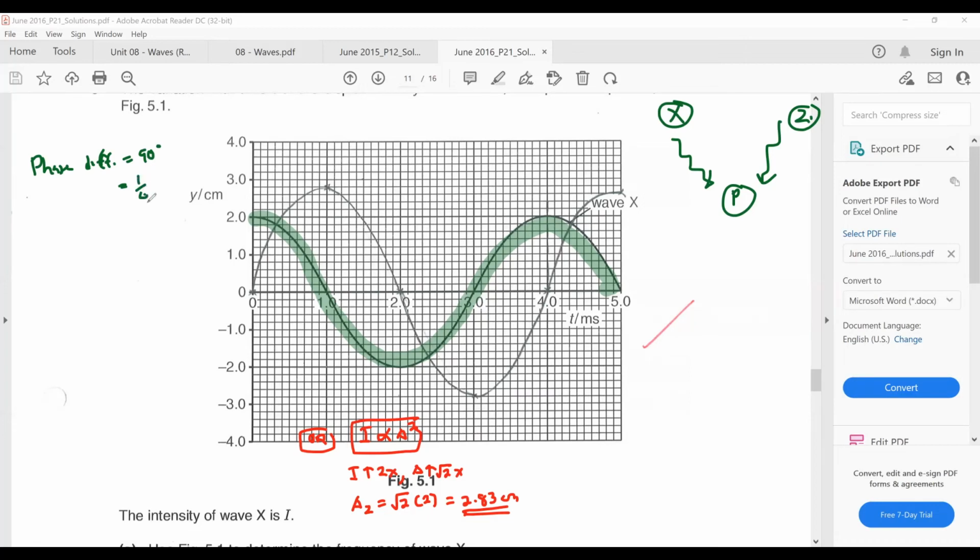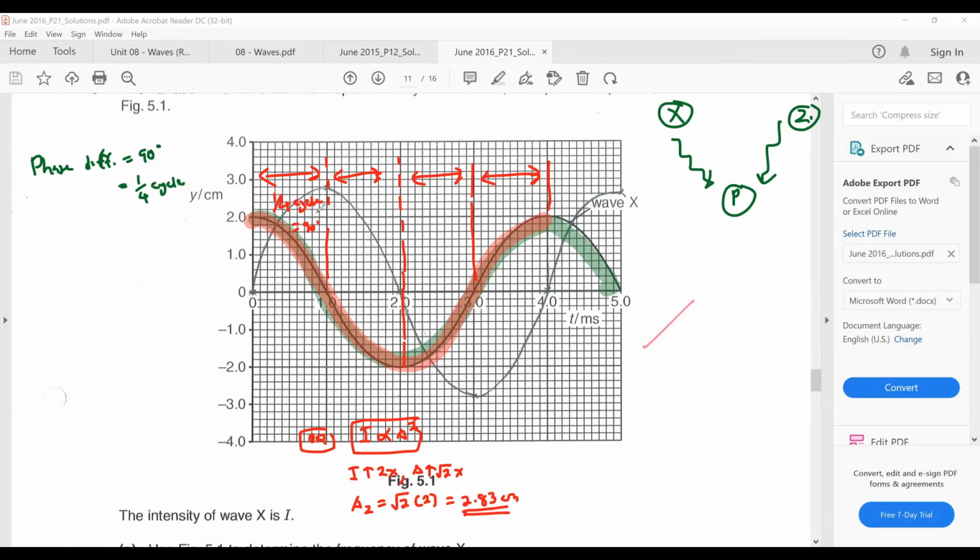It's actually a quarter of a cycle. If you look at this green colored wave here, strictly speaking, one cycle is here, all the way until here. You can divide it into 4 equal portions. Each one represents a quarter of a cycle, or 90 degrees if you would.